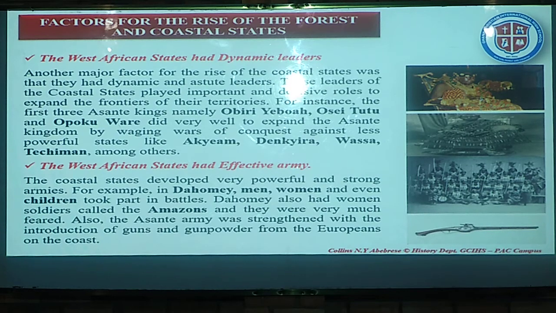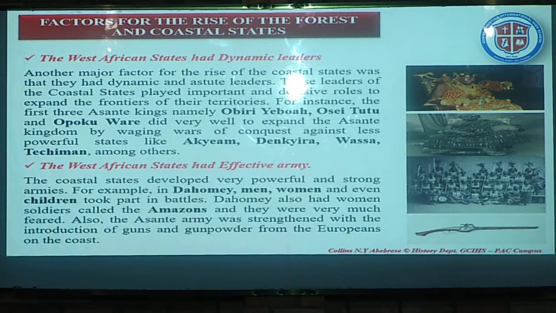So what these three kings wanted to do was to wage wars of expansion, to conquer more people, so that their territory would expand. And that is basically what they did.